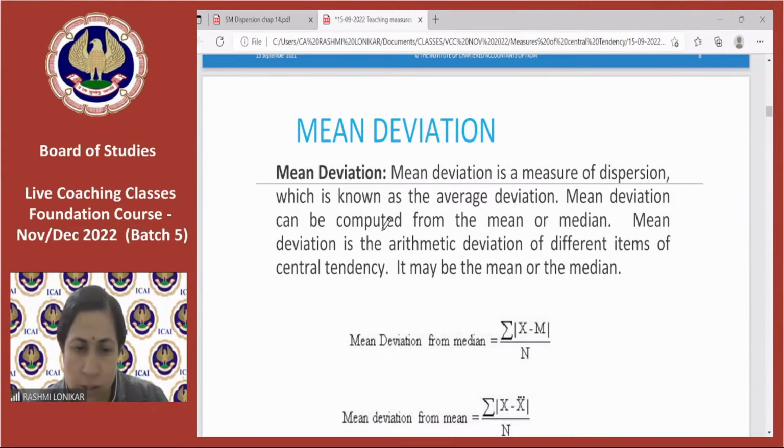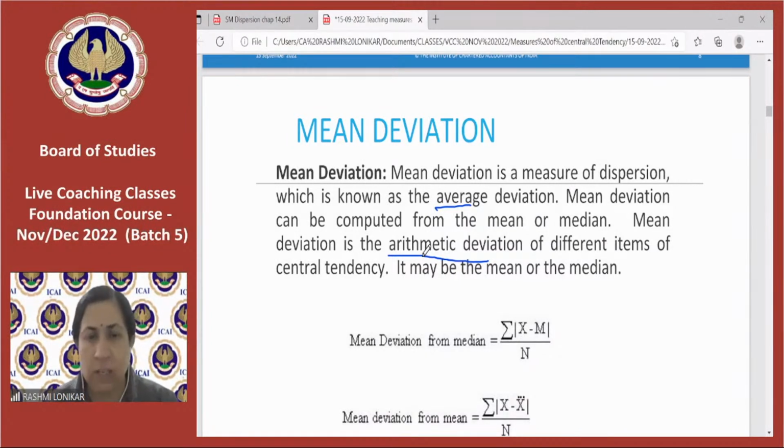Mean deviation is a measure of dispersion which is known as average deviation, because mean is average. Mean deviation can be computed from the mean as well as the median. Mean deviation is the arithmetic deviation of different items from the central tendency. We know the measures of central tendency: arithmetic mean, median, mode.